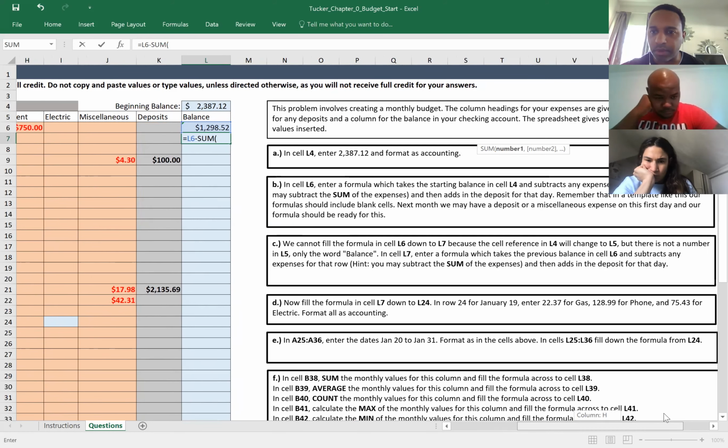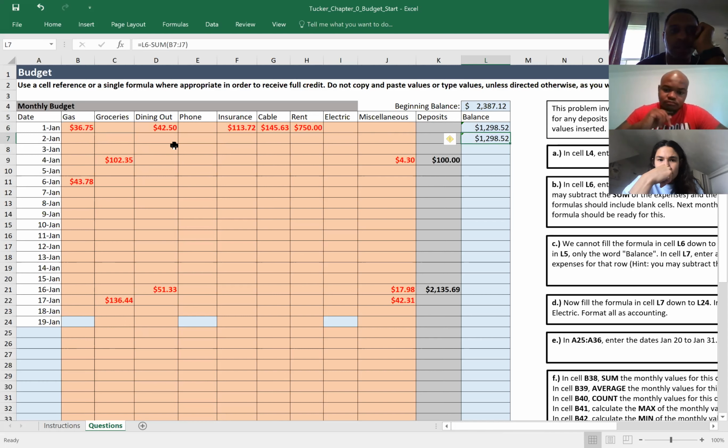So that's B7 to J7, instead of B6 to J6. And like I said, since nothing is in that row, nothing should change as far as that balance is concerned.